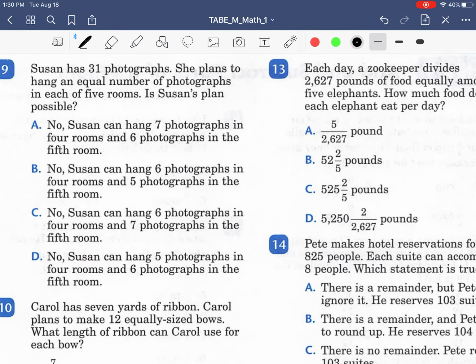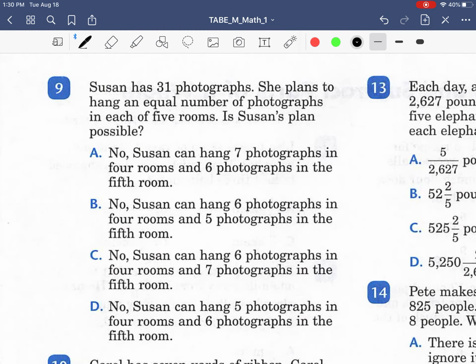Okay, number 9. Susan has 31 photographs. She plans to hang an equal number of photographs in each of 5 rooms. Is Susan's plan possible? So we have 31 divide 5.